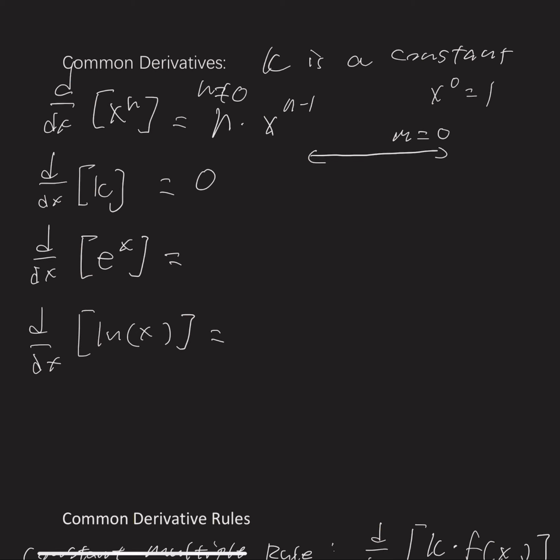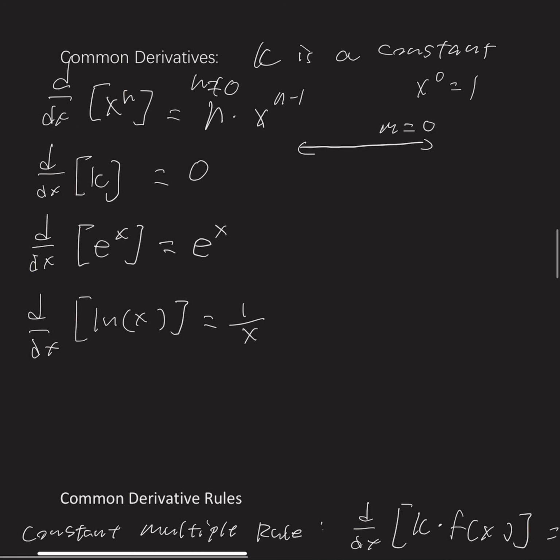Because it's a special number, and the derivative must be very special. It is in fact e to the x. And natural log of x, I pronounce it as ln of x, has derivative 1 over x. These are special cases of exponential function and logarithmic function. And the general derivative we will cover in the next unit.